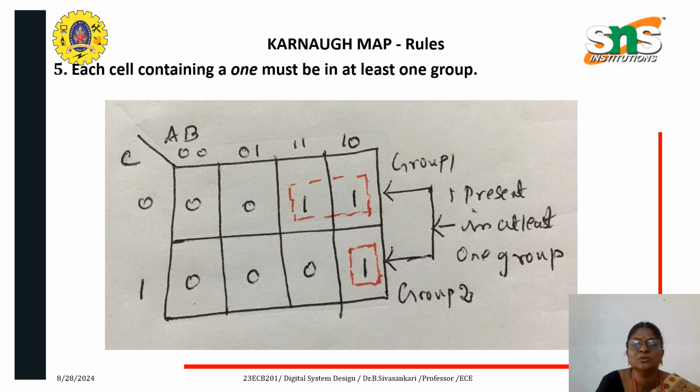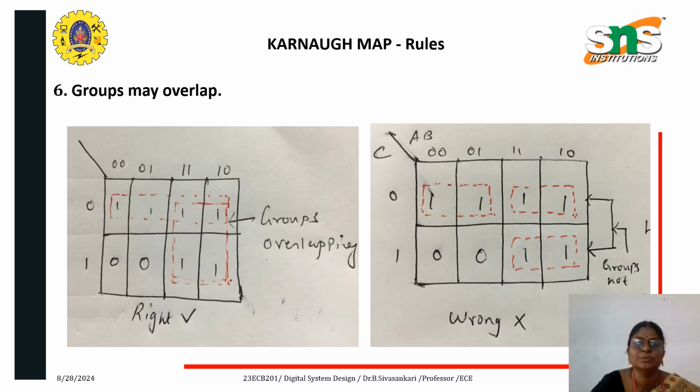It should be included in any one of the groups. If there is no possibility, you can encircle it and name it as an isolated term. This is our fifth condition: each cell containing a 1 must be in at least one group.